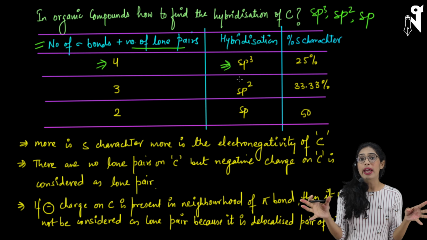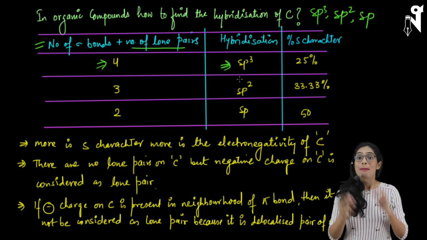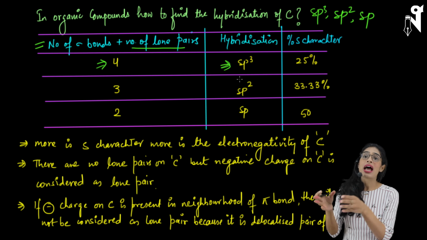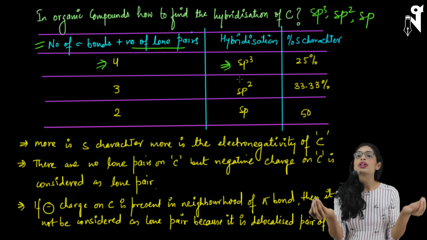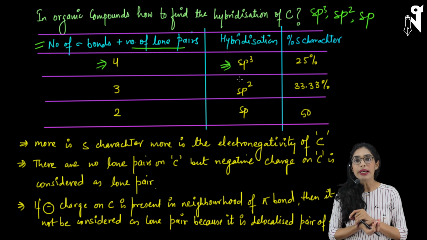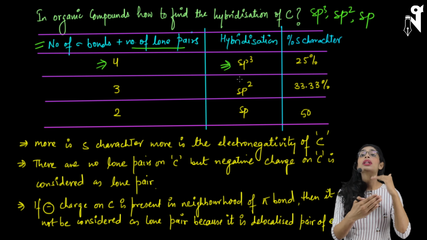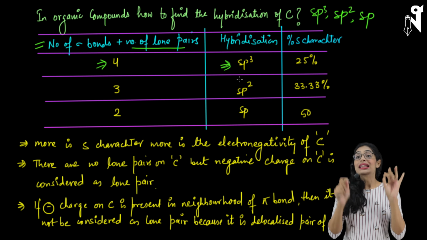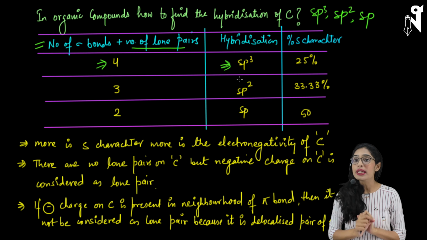Throughout an organic compound is made up of carbon, but that doesn't mean that all carbons have the same electronegativity. Ideally, if the element is not changing, electronegativity should not change, right? But that doesn't happen. Depending upon the hybridization of the atom, that atom's electronegativity also varies.